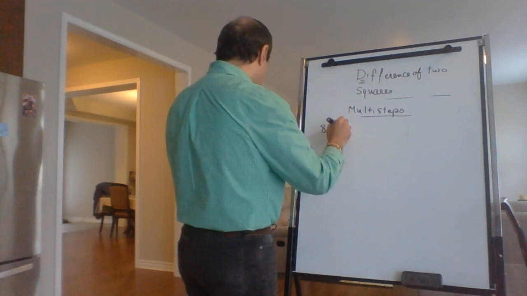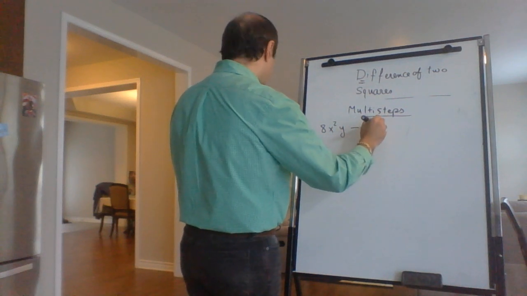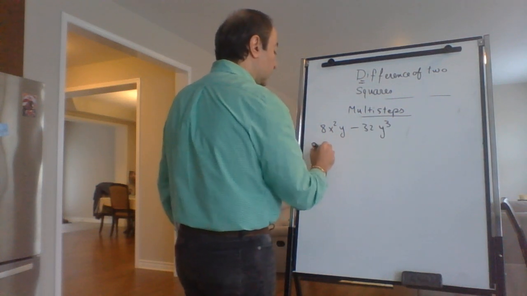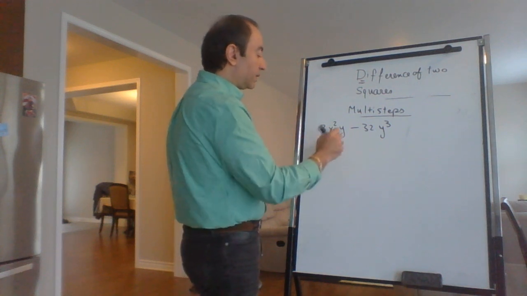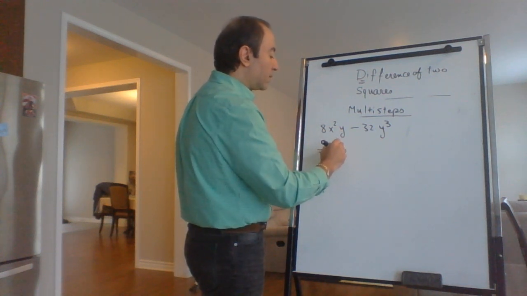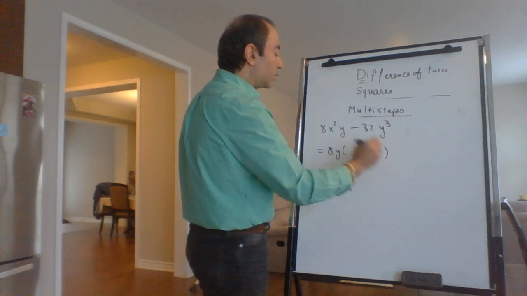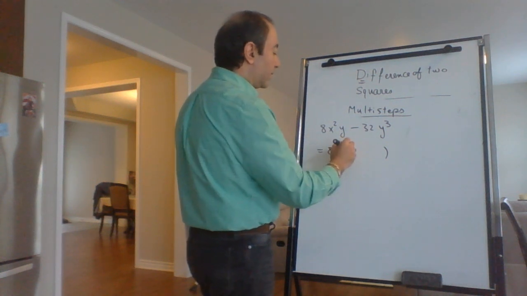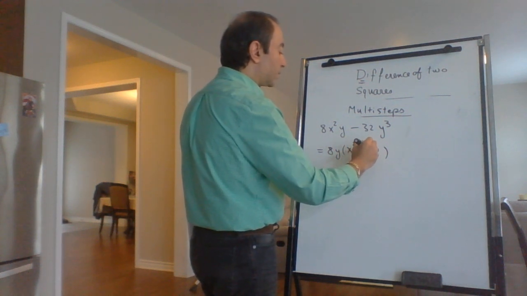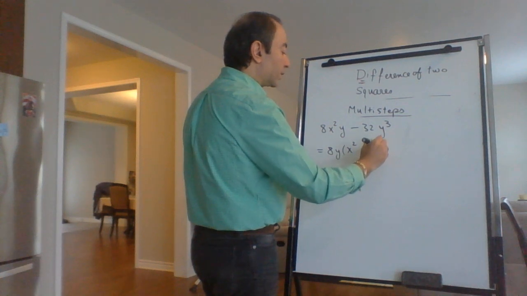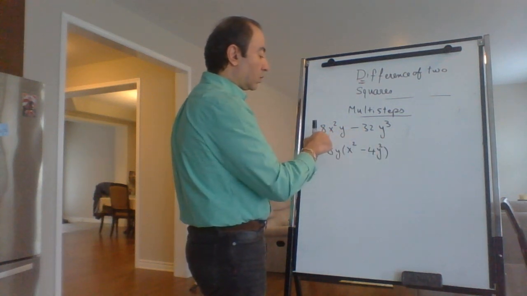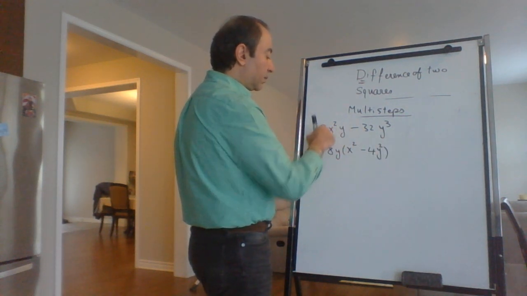8x squared y minus 32y cubed. So when I look at this, 8 is common, y is common, then what will be left inside is x squared minus 4y squared, because I divided this by 8y.